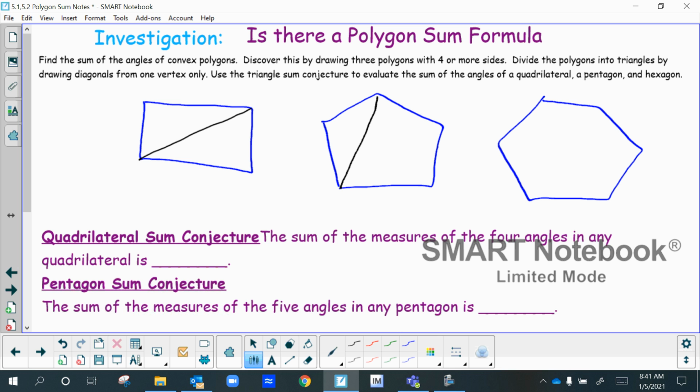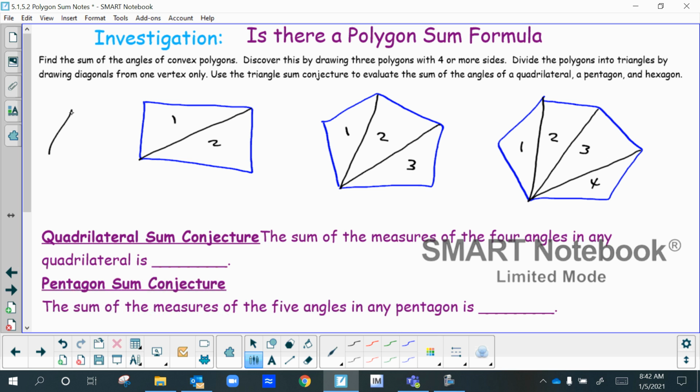That one can be 2 diagonals. Obviously, this one looks like it's going to be 3 diagonals: 1, 2, and 3. So you can see I have 2 triangles here, 3 triangles here, and 4 triangles there.